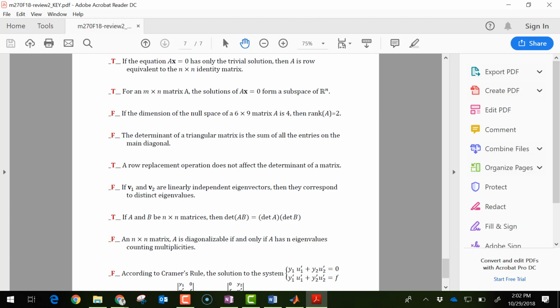That's true, and you can have that. Like in the example that we did in the homework, it has one eigenvalue, multiplicity 2. But the whole idea about being diagonalizable does not depend on the number of eigenvalues you have. It depends on the number of eigenvectors.